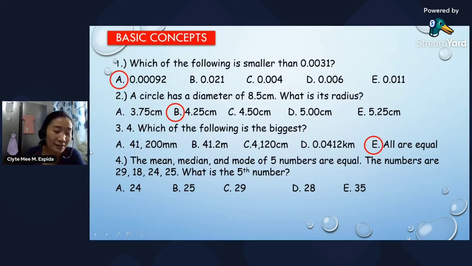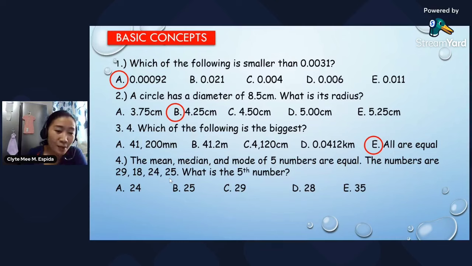So yung maglalabanan po is si A at saka si B. So you could solve it directly using naman the mean. Add everything, and then you will have 29 plus 18 plus 24 plus 25 plus X as our fifth number, and divided by 5, you should get either 24 or 25.